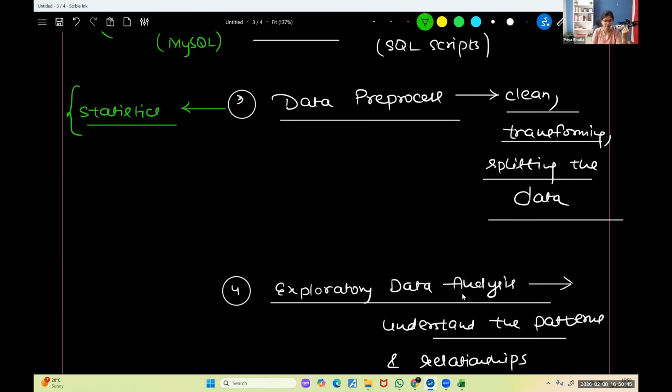And in the EDA part, again, stats plays a very important role. But apart from stats, when I want to understand the pattern and identify the relationships, I need a few more things, because I also have to implement stats. It's not a numerical problem that I have to solve.